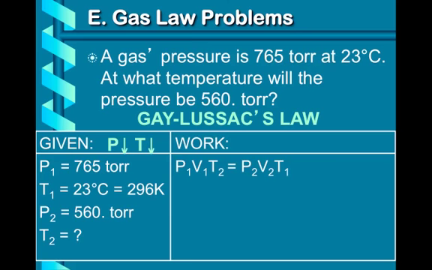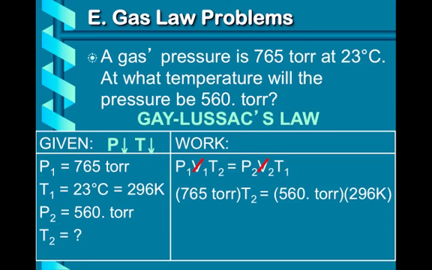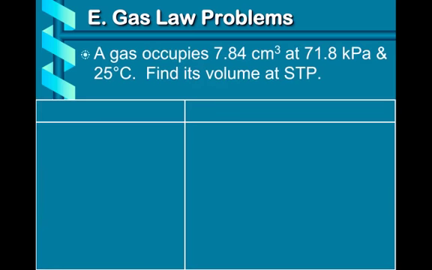Since we're not working with volume, we can simply ignore it, and we just plug into our formula and calculate it with our calculator. 560 times 296 divided by 765 gives us negative 56 degrees Celsius, or 217 degrees Kelvin.